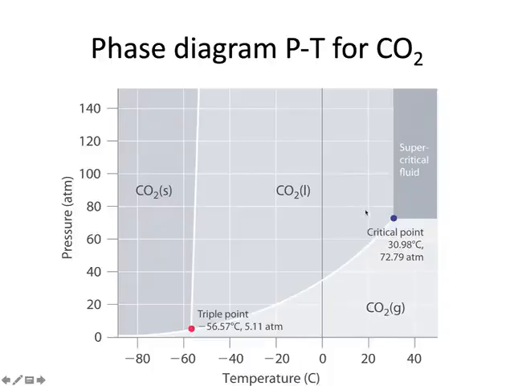Now you see, if the temperature of the gas bottle had been above 31 degrees, say at 40 degrees, it would have been here, it would have been a supercritical fluid, and there would be no phase transition in letting it out of the bottle.